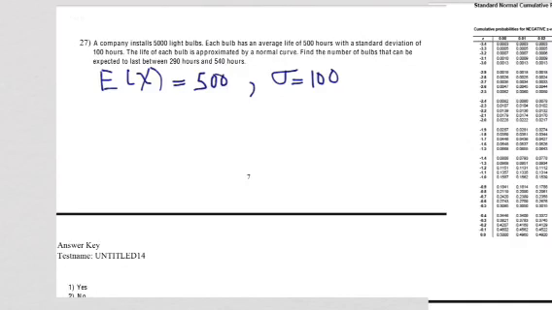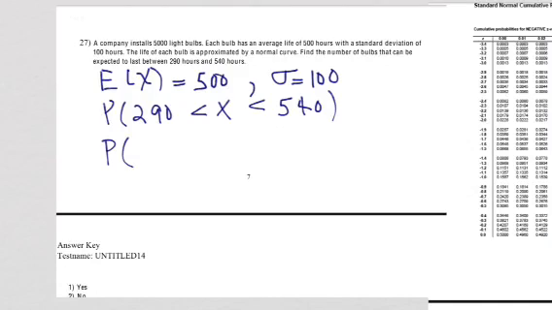So we need to find the probability that a single bulb lasts between 290 and 540 hours. Once again, we need to standardize. To standardize, you subtract the mean, which is 500, and divide by the standard deviation on all three sides here.